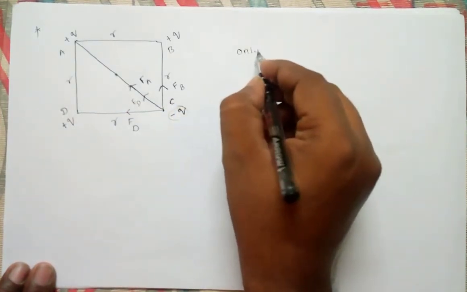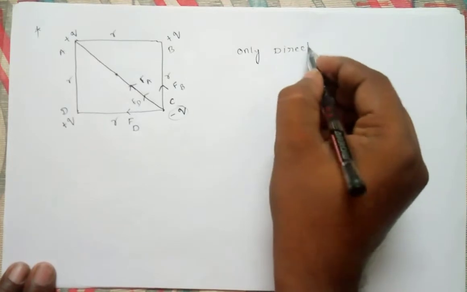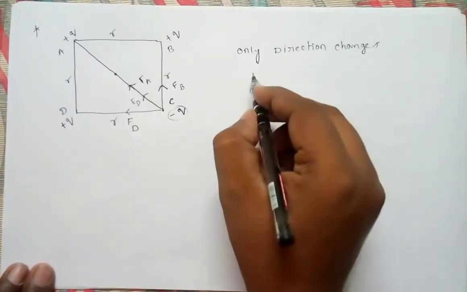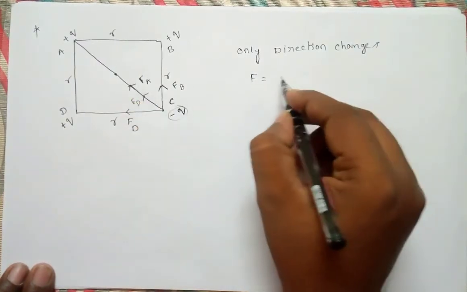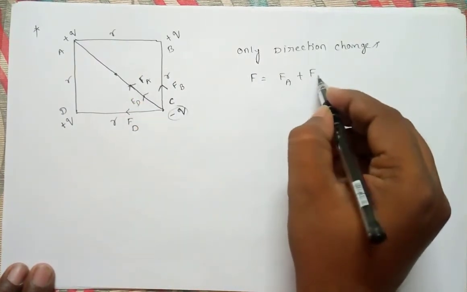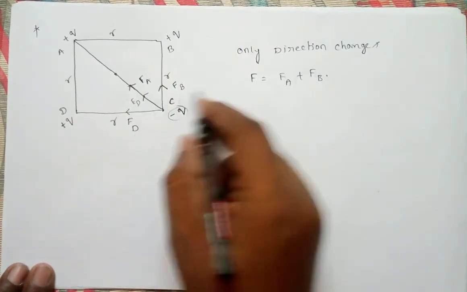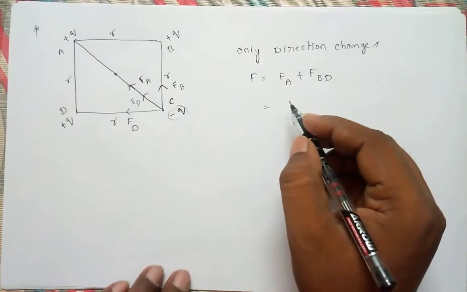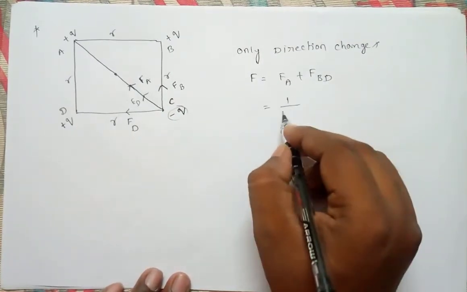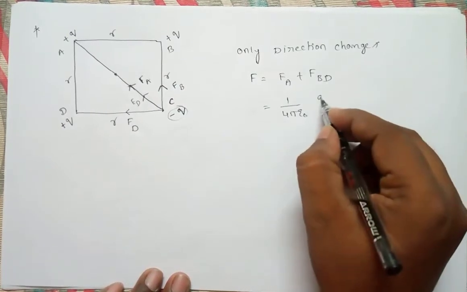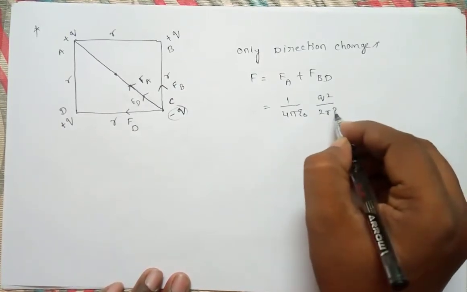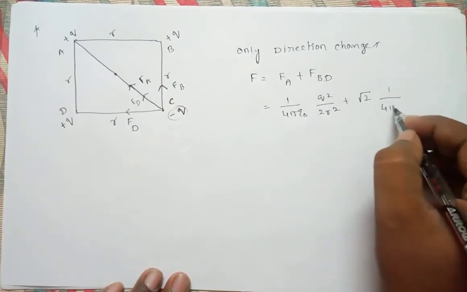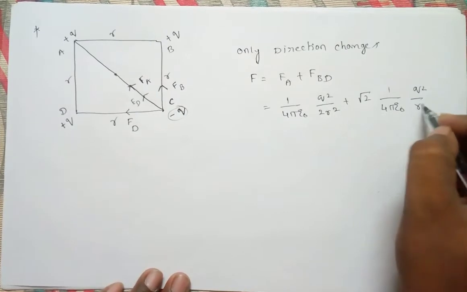So only the direction changes. The magnitude of F is FA plus FBD. FA we already discussed, 1 upon 4 pi epsilon naught into Q square by R square, refer to the previous case, and FBD is root 2 times 1 upon 4 pi epsilon naught into Q square by R square.